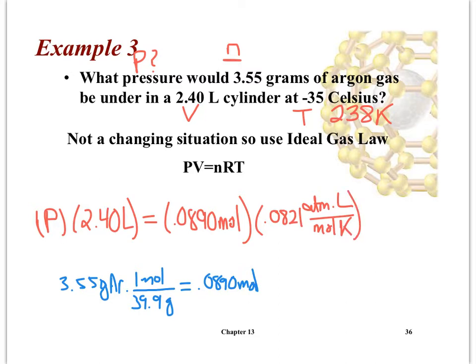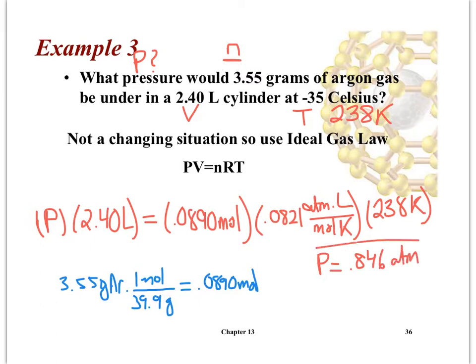And I know it's a lot of work to write all the units, but you really need to. And then 238 Kelvin. So then your pressure ends up being 0.846 atm.